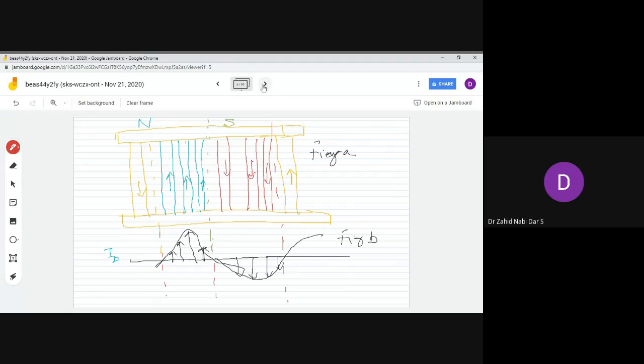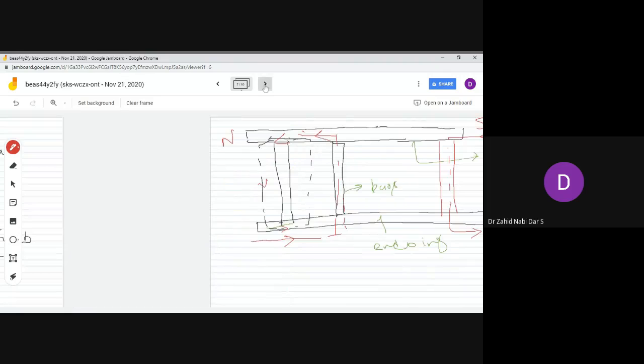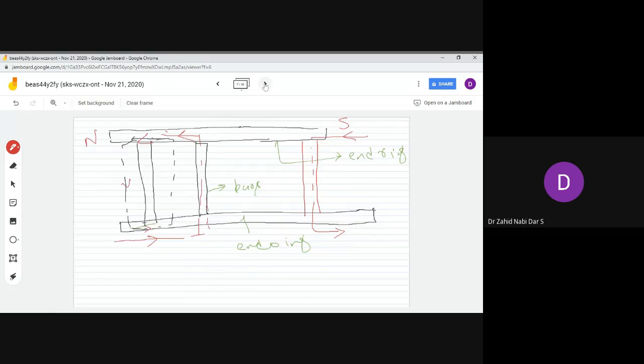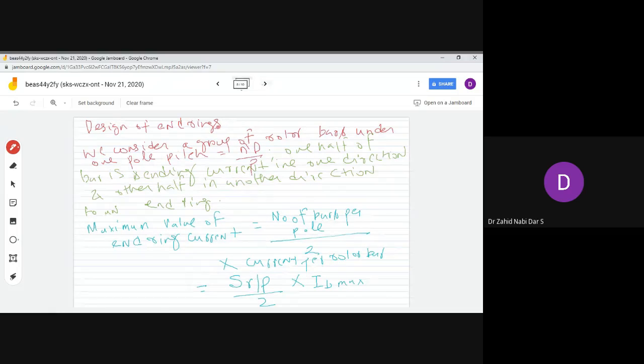Then we figured out how to calculate the end ring current. We calculated the maximum value of the end ring current. The maximum value would be equal to the number of bars per pole, and the number of bars is equal to the number of slots, so SR by P divided by 2 into IB max.